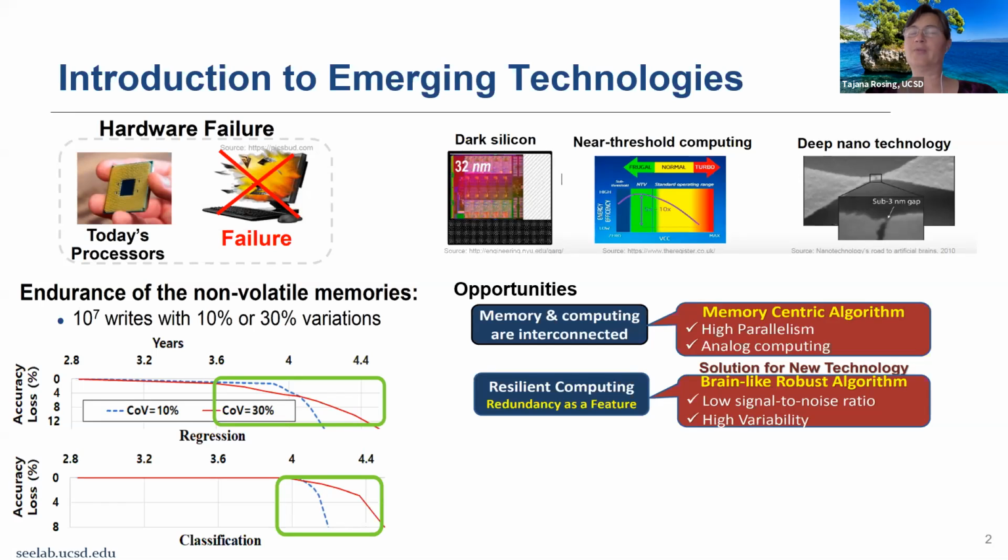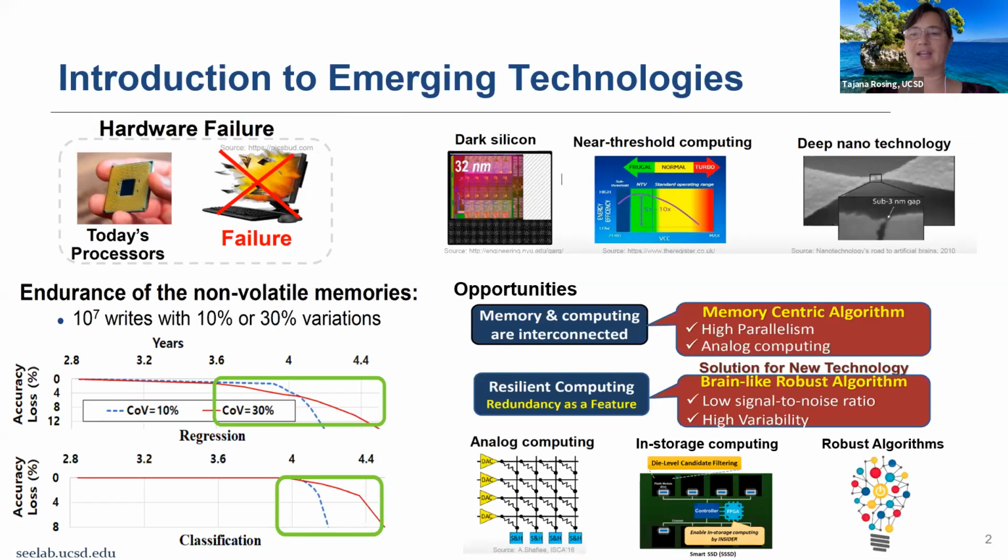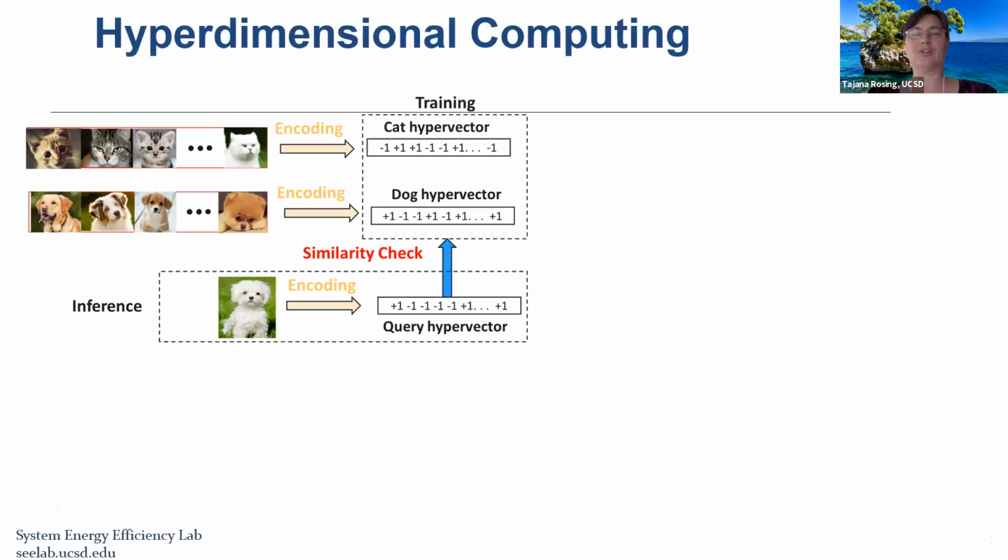And secondly, we need to think about resilient computing and algorithms and strategies that are actually natively robust, that can tolerate well variability and errors that you may get in memory and storage style computing. And one of the exciting things that we find is that when we consider this combination of robust algorithms with in-memory and in-storage computing, we can get unprecedented energy efficiency and performance. And this is one of the reasons why my team has started looking at hyperdimensional computing as a strategy.